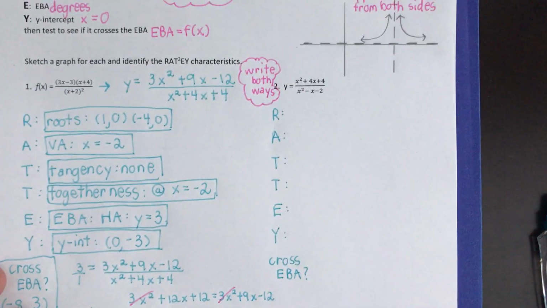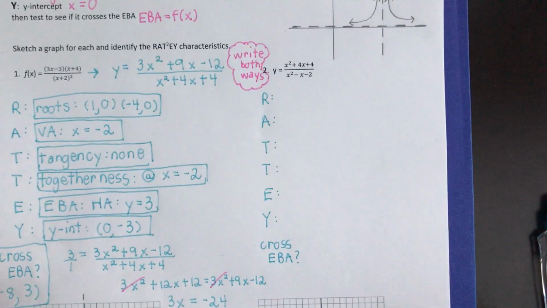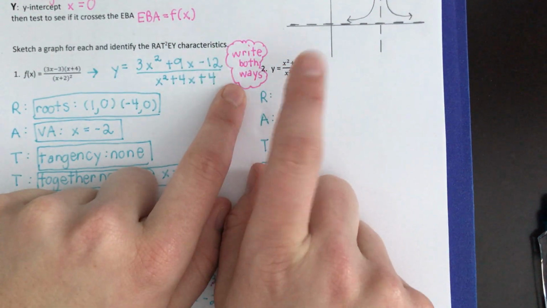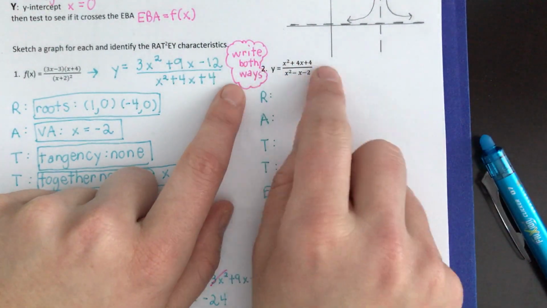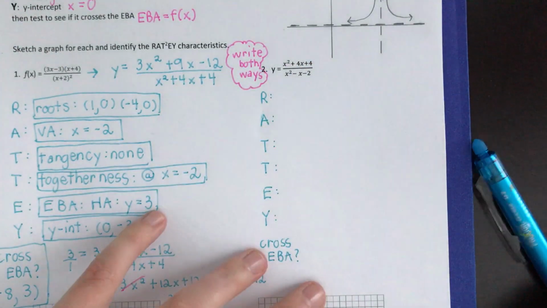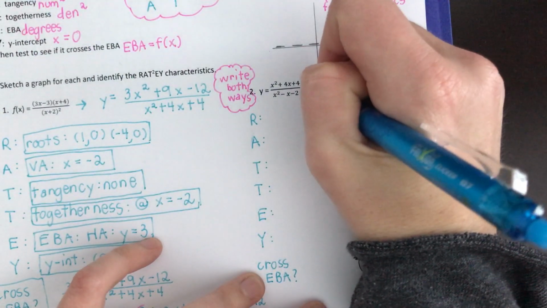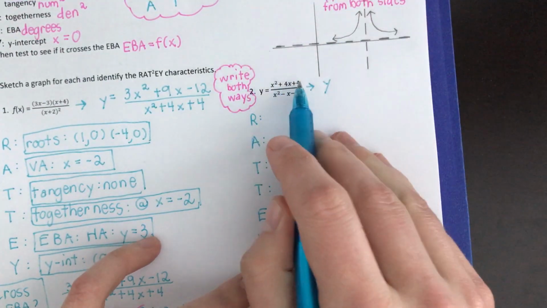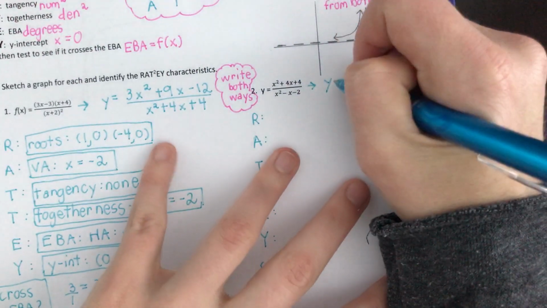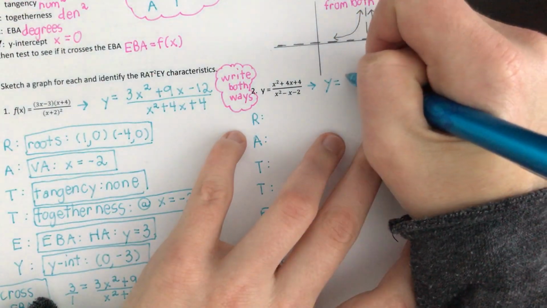So let's do one more example, number 2. Again, write the rational function both ways, both in standard form in numerator and denominator and factored. So we definitely want to try to factor: what values multiply to 4 but add to 4? So of course that's going to be 2 and 2.